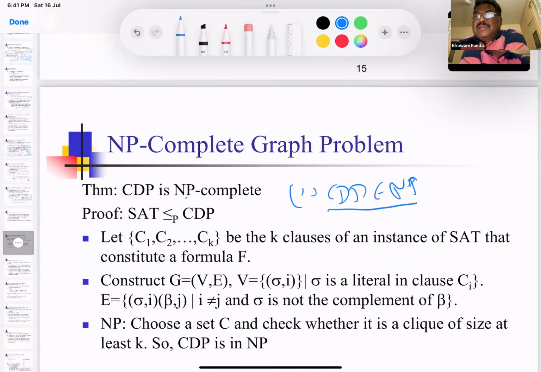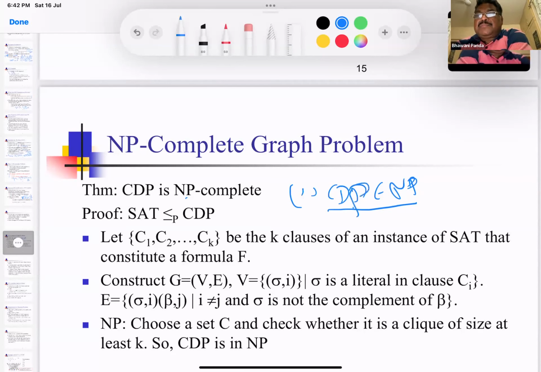A subset S. I can check whether the subset is a clique and whether its size is greater than or equal to K. This can be verified in polynomial time. So CDP belongs to NP.